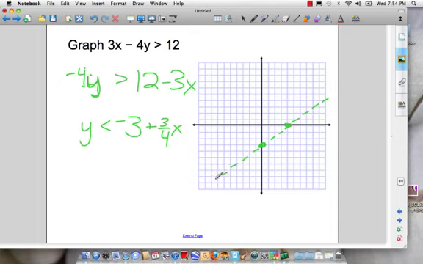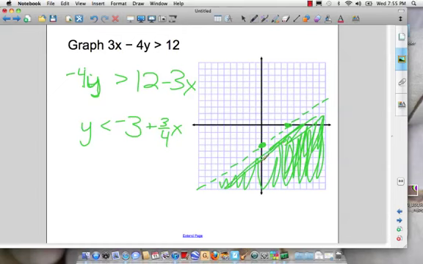And the way I represent that is by making my line dashed instead of solid. And in this case, it says y is less than, so less than would correspond to below. So I go ahead and I shade in everything below the line.